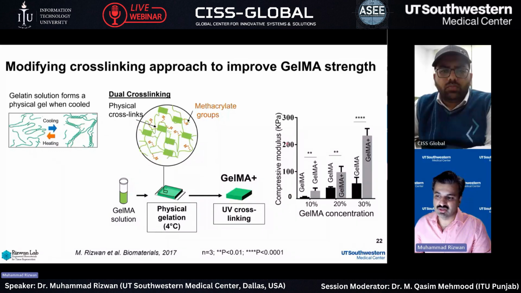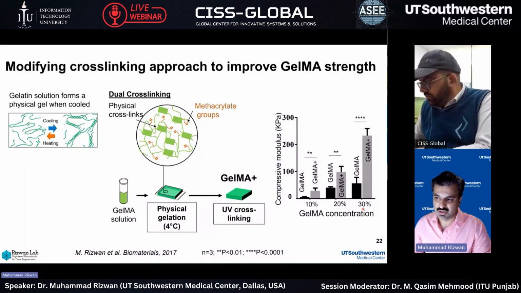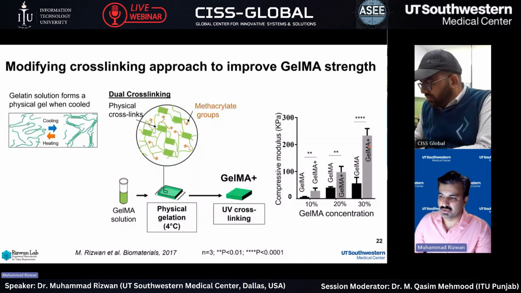And indeed, in compressive modulus analysis, for example, if you see these two groups, both have 30% concentration of polymer, but the hydrogel that contains this dual cross-linking is almost 5 times stronger compared to a hydrogel that has single UV cross-linking. So this approach we termed dual or hybrid cross-linking, with two types of cross-linking approaches that improved the mechanical strength of this hydrogel film.